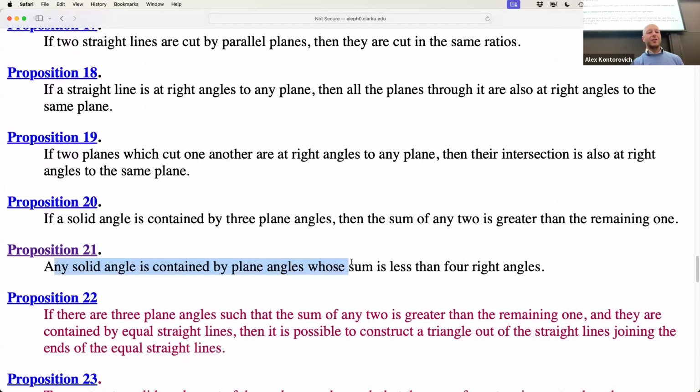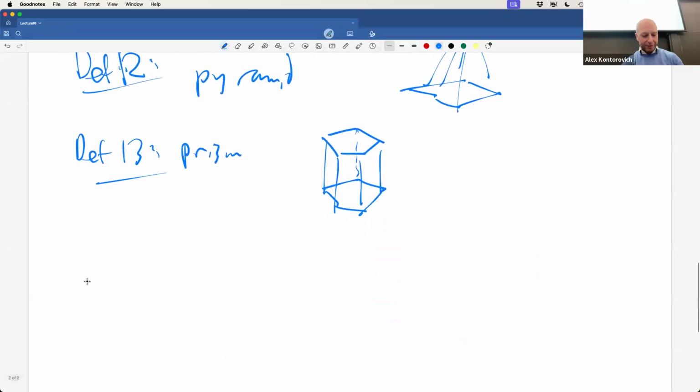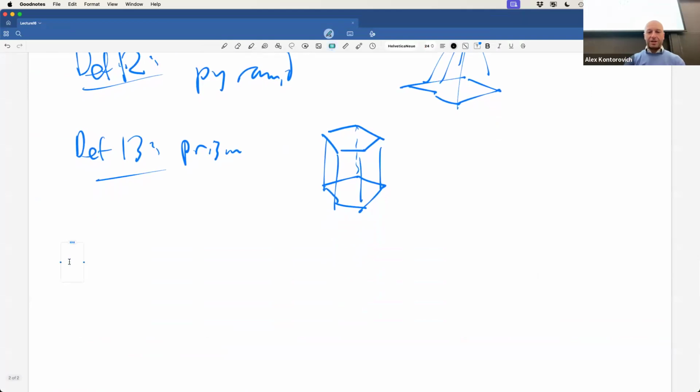Proposition 21 says a solid angle is contained by plane angles whose sum is less than 4 right angles. So let's isolate this one. This will be needed. A solid angle, what's a solid angle?